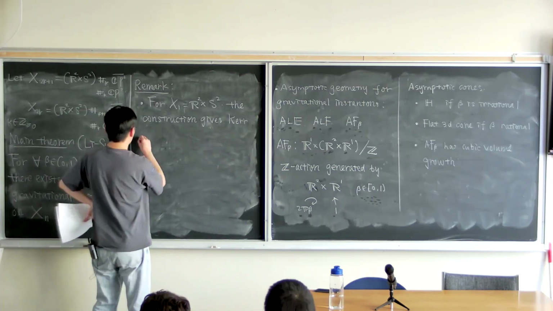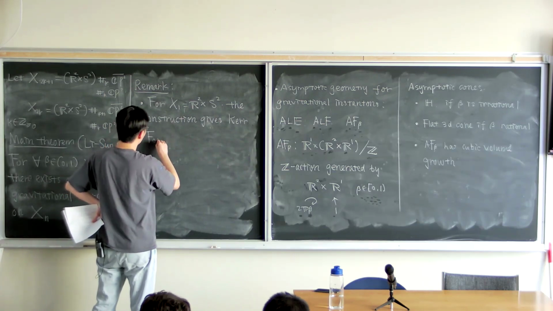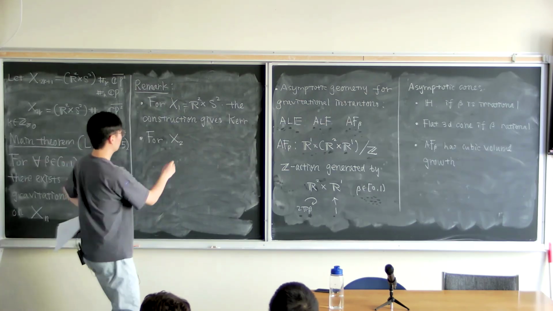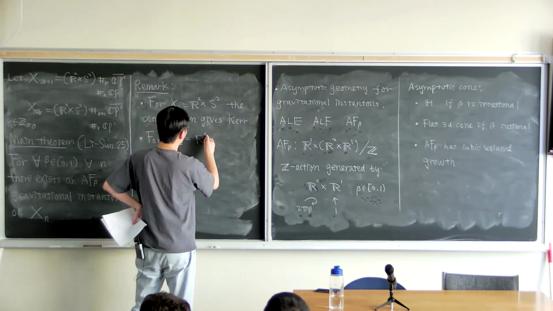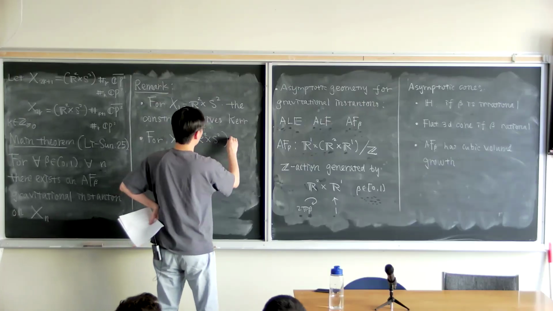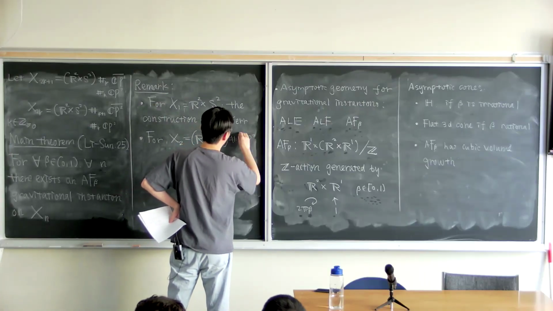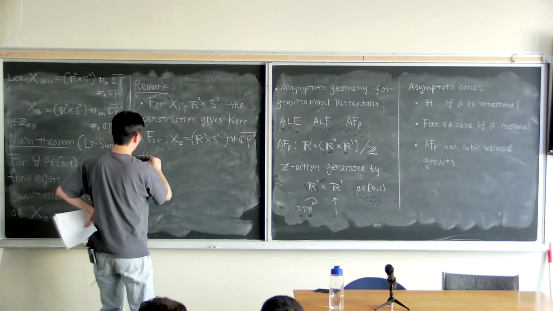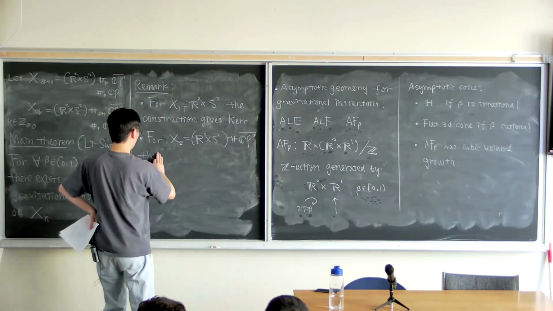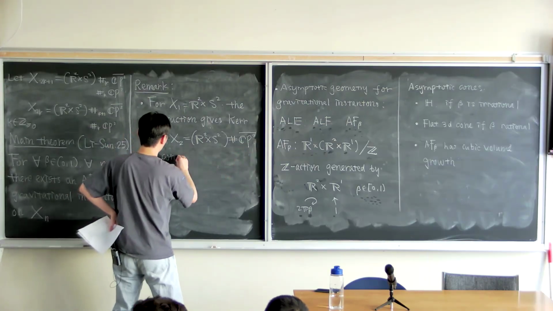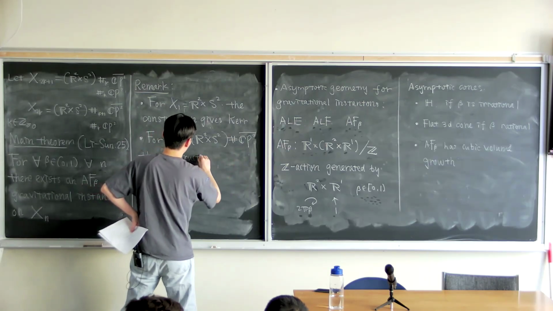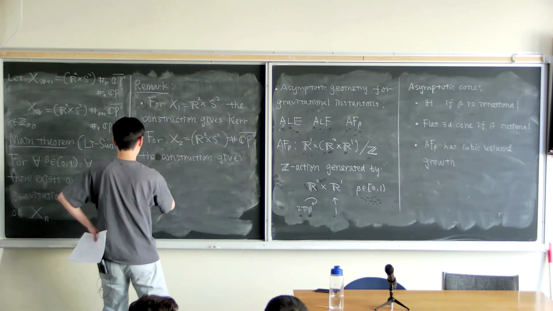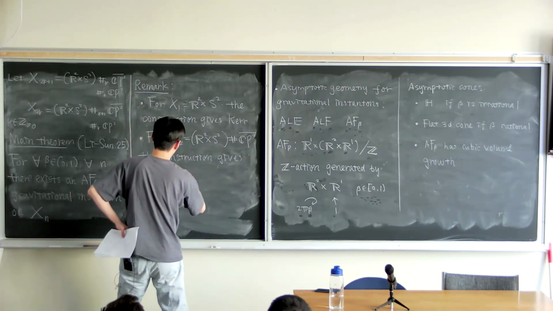And the second remark: if you do this construction for n equals 2, the topology will be R2 cross S2 connected sum with CP2 reverse. Then the construction gives you the so-called Chen-Teo metric.